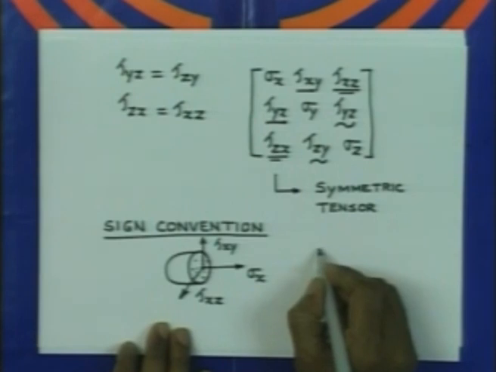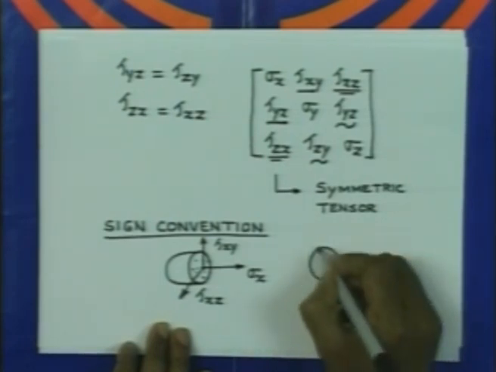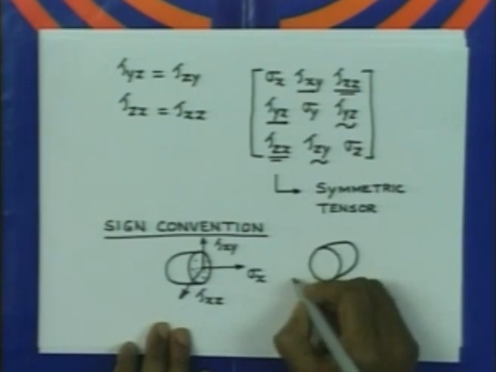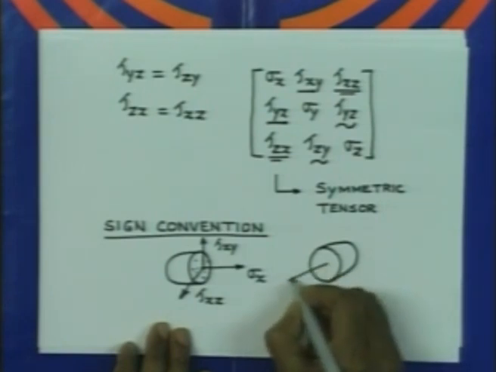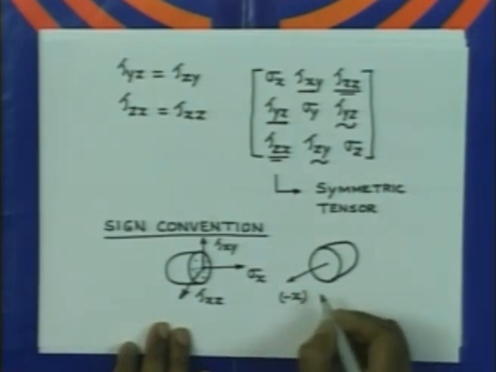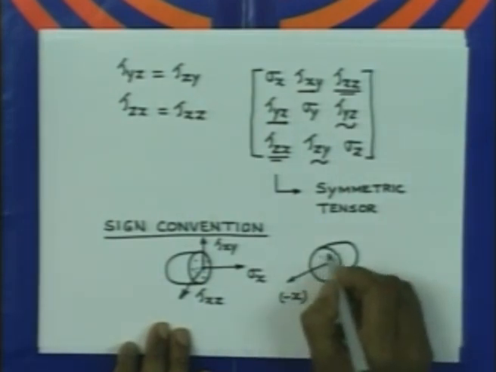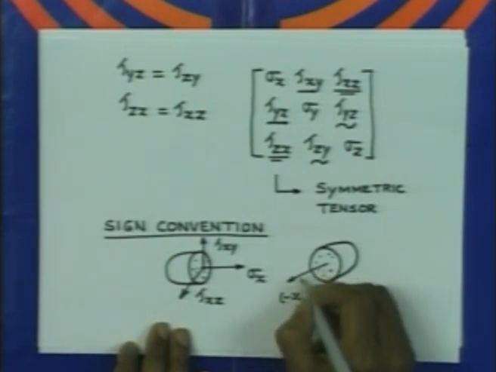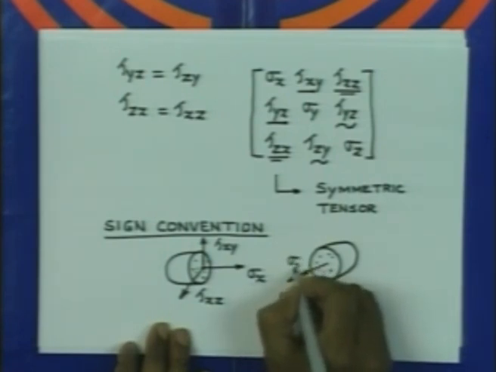Now, if you consider a negative phase, let us say that we will consider this component like this. Its outer normal is directed in the negative x direction, and if the stress is acting in this direction, this normal stress is sigma x.